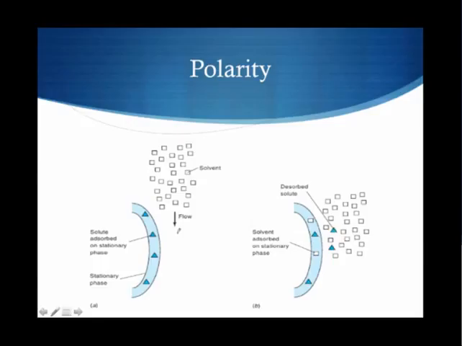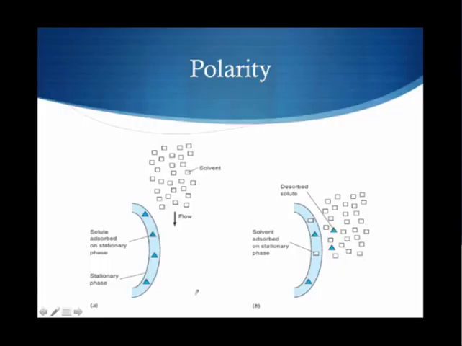Remember, when it comes to polarity, like polarities attract. So a nonpolar solute will interact more with the nonpolar mobile phase than the polar stationary phase. And so in normal phase, a less polar solute will elute faster than a more polar solute because it will interact with the stationary phase less and thus move through the column faster.